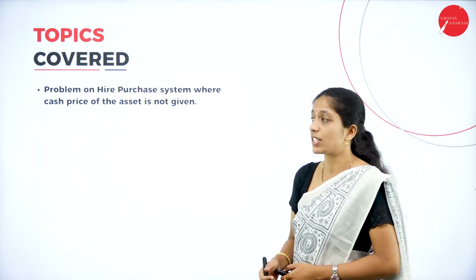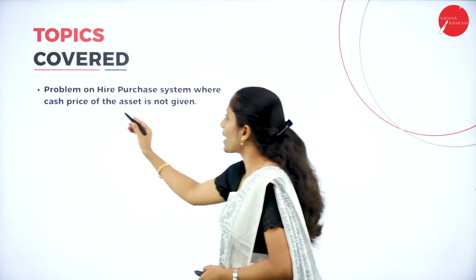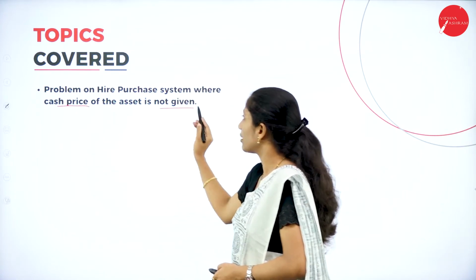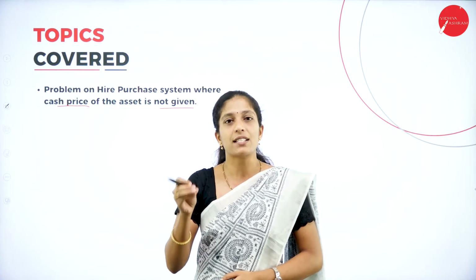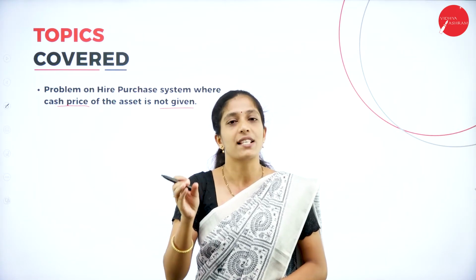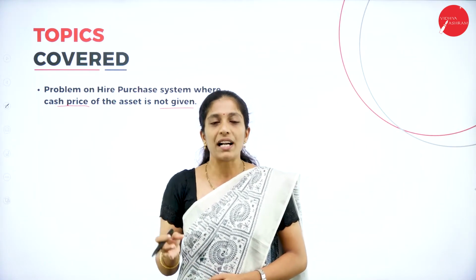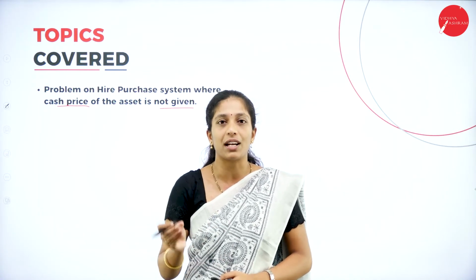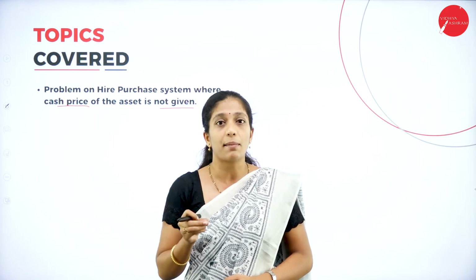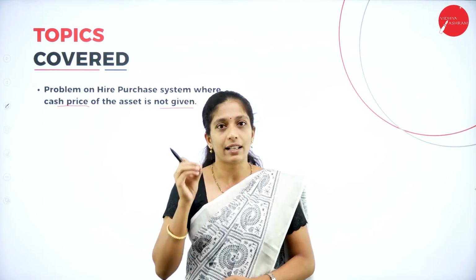Problem on hire purchase system where the cash price of the asset is not given. Whereas in the earlier problems they used to give the cash price and we were dividing that cash price into equal installments, there are certain problems where the cash price of the asset will not be given. So directly they will give the installment amount. First we have to calculate the cash price.